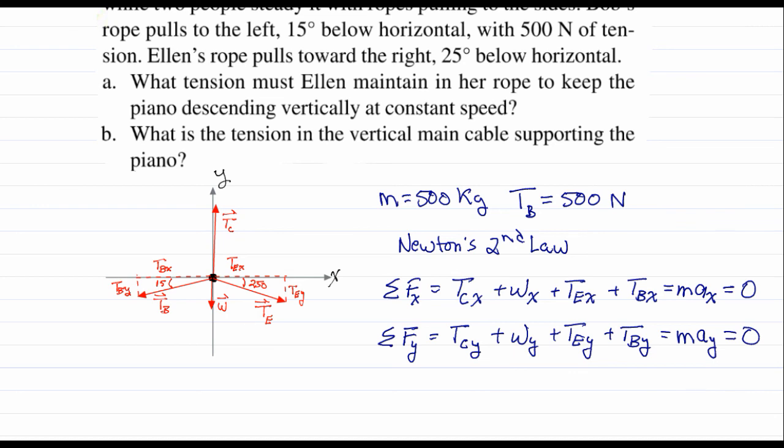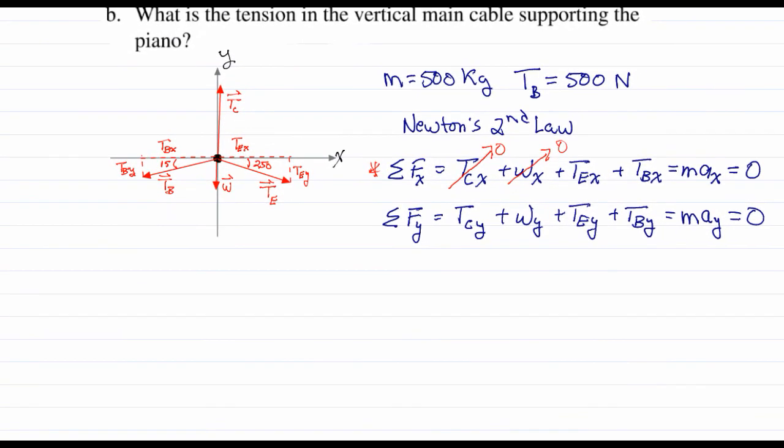Now, we know a few things here. We know, first of all, that the x component of the force due to the crane is 0. It only has a y component. Same with the x component for the weight. Okay, so let's look at this first equation here. Let's write it out again.